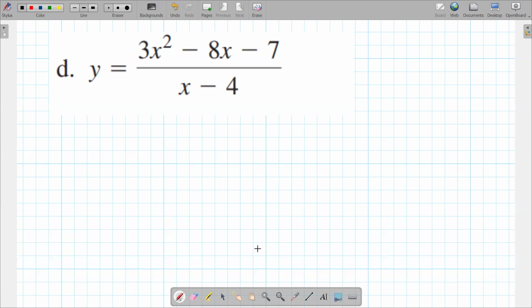It's a yes or no question. Can we or can we not factor that numerator? It's a quadratic. No, why not?